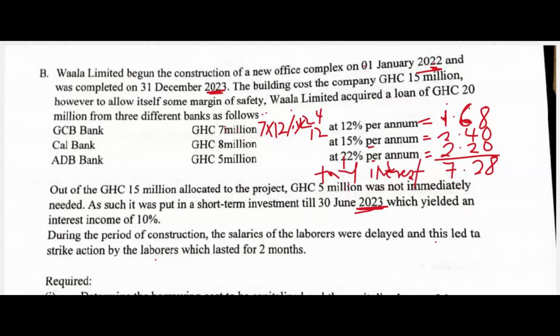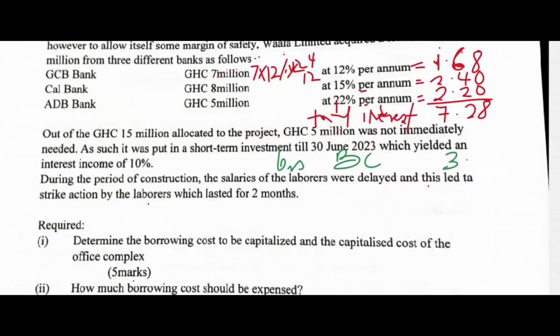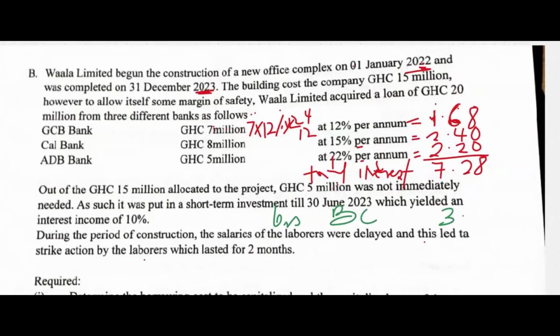Then we will less the borrowing costs, which was 3 point. Yes. If you add, you get 6.28. Not 7.28.